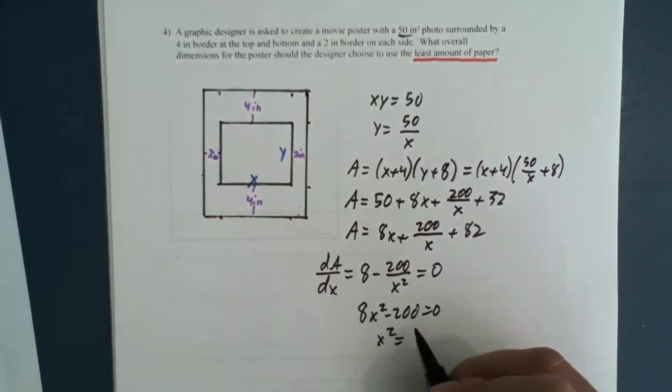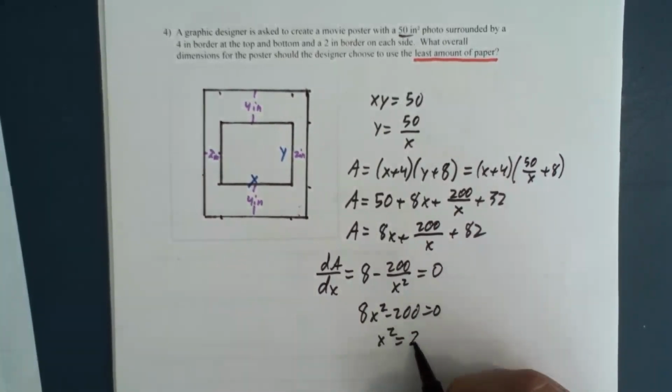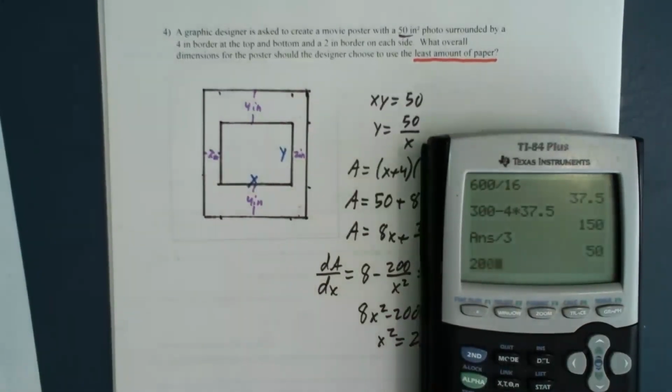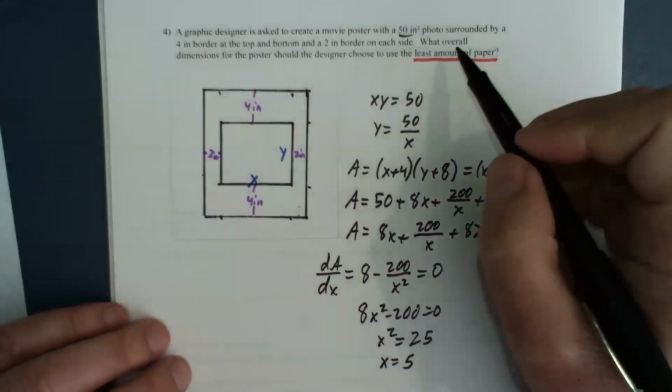Add the 200, divide by 8. That is going to give us 25. Again, 200 divided by 8, 25, which means x equals 5.